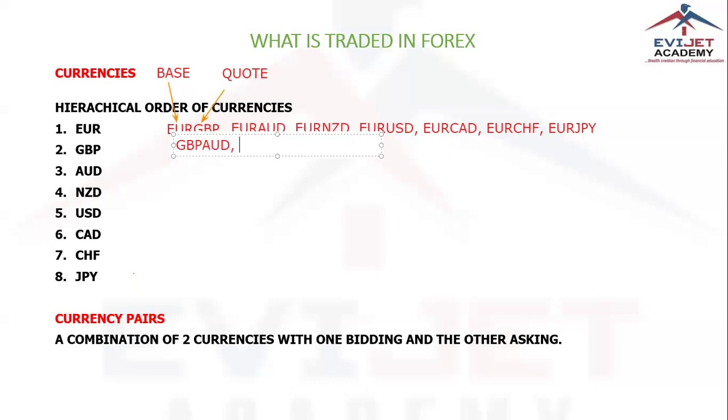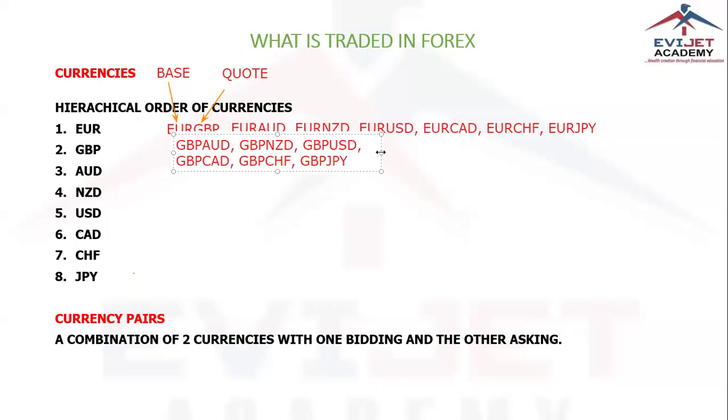Now we have GBP NZD. We have GBP USD. We have GBP CAD. We have GBP CHF. We have GBP JPY.